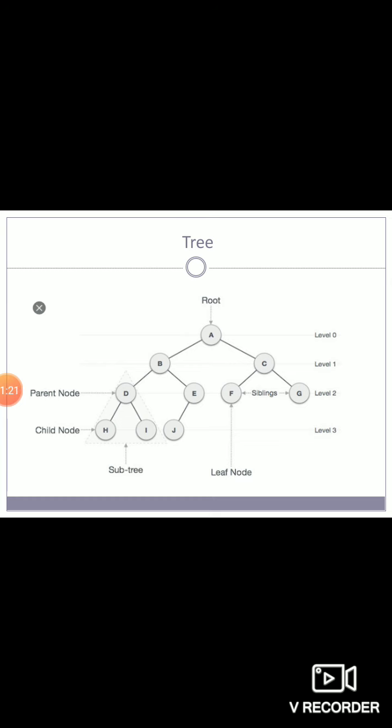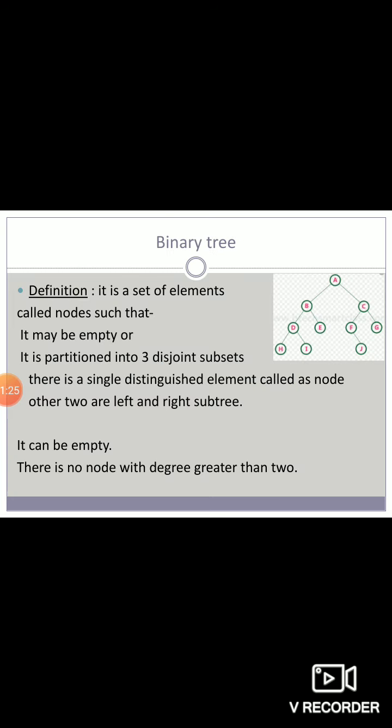Now we will see one more concept, the binary tree. Between a tree and a binary tree there is only one difference, the rest of the concepts are the same. Binary, bi stands for 2. In the concept of a tree, there is no restriction on the number of children.